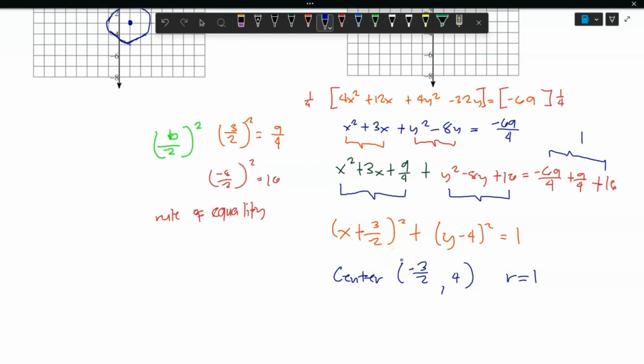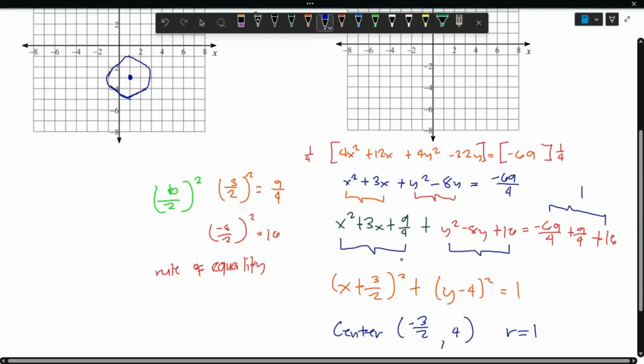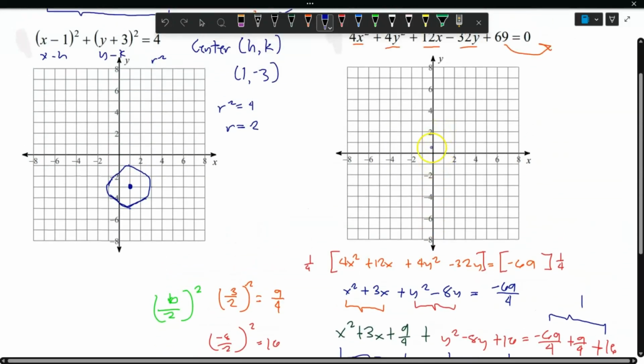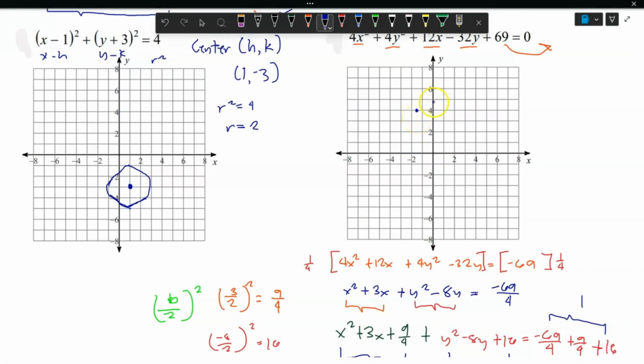That is just negative 1.5. So we have negative 1.5 and 4. This is our center. And the radius is 1. So basically, our circle will be like this. Somewhere like here. So this is now done.